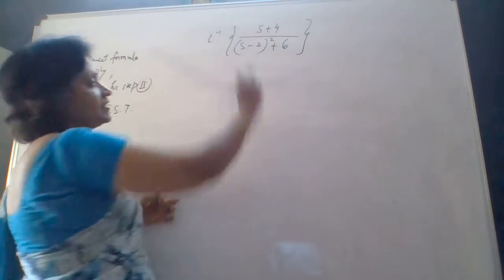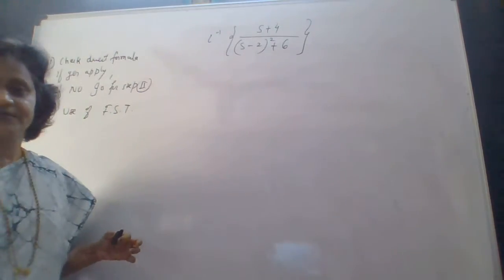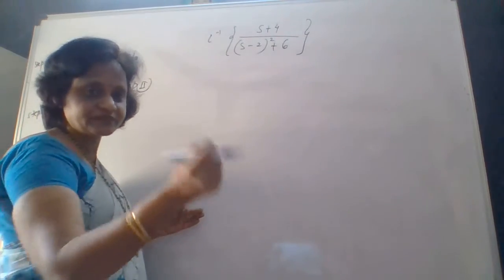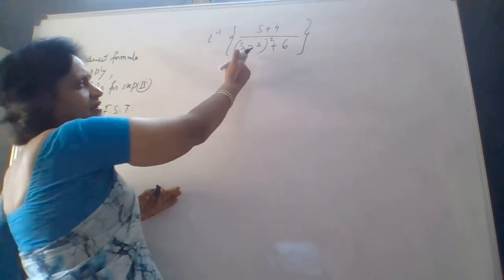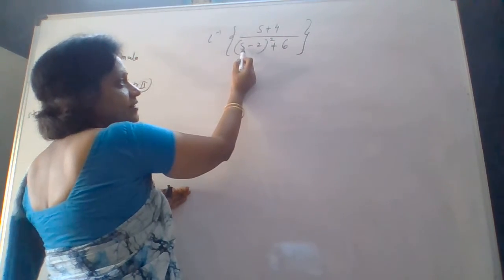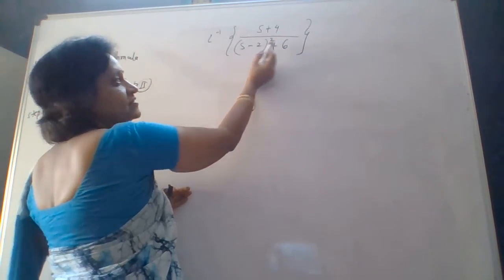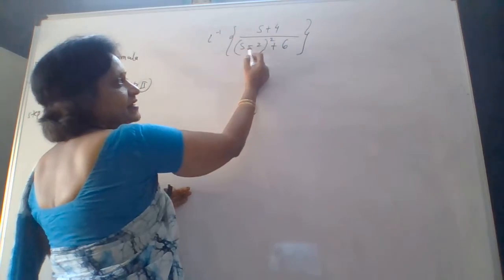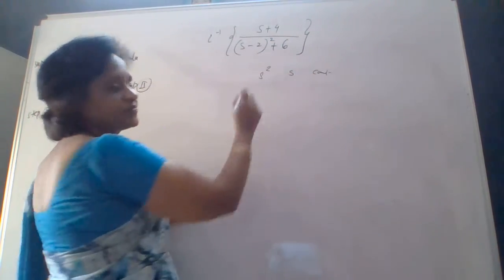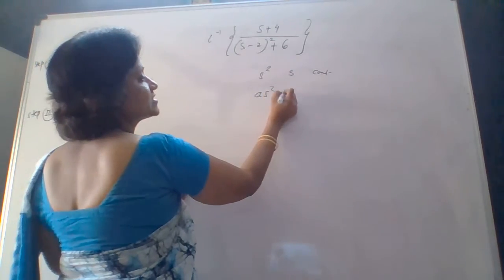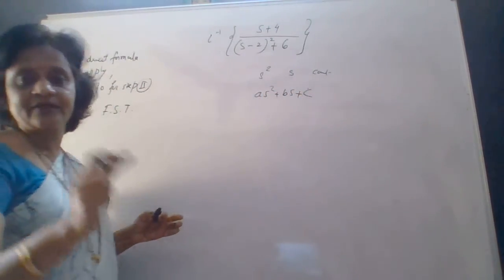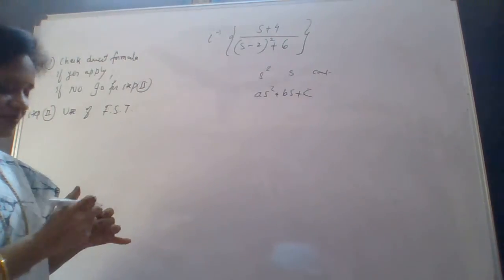Let's have a square here. How to check? Just one step I will recollect which is applicable here. You can see the denominator is a quadratic polynomial, with an s squared term, one term of s and one constant term. In this case we don't have any direct formula. You can recollect the previous lecture.